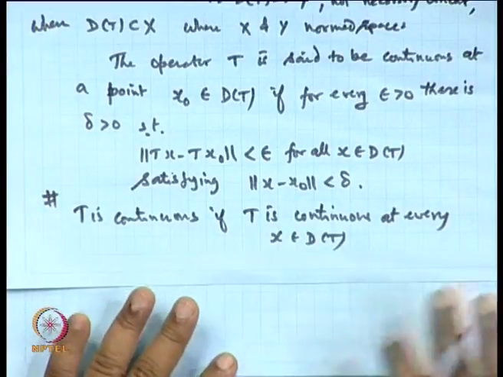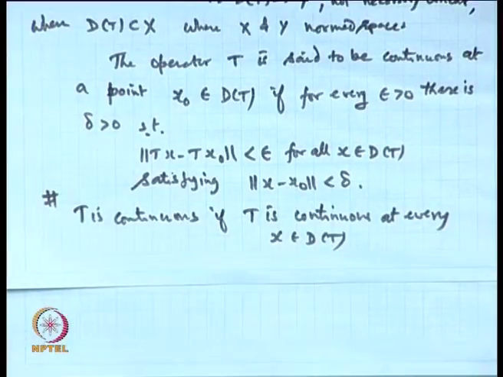Another point which I want to make clear: the concept of boundedness of a linear operator and the concept of boundedness of a function are different. In case of a function or mapping, we say a function is bounded when the corresponding range set is bounded. But here we do not talk about this. What we say is, an operator is bounded when it satisfies a certain condition. The condition is that the norm of T x is less than or equal to c times norm of x.